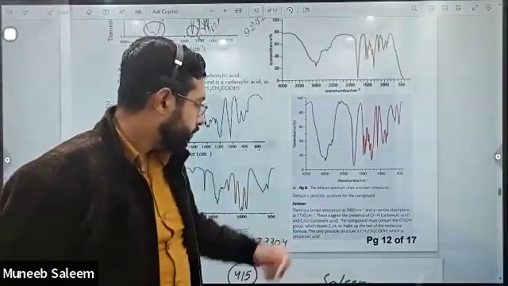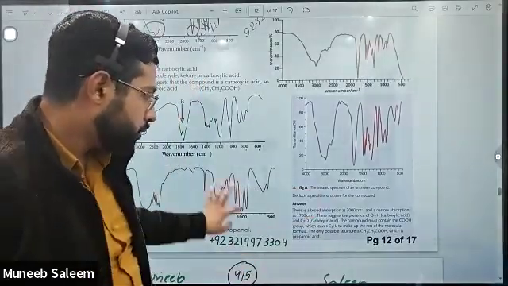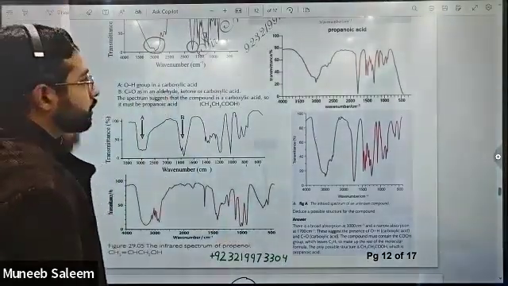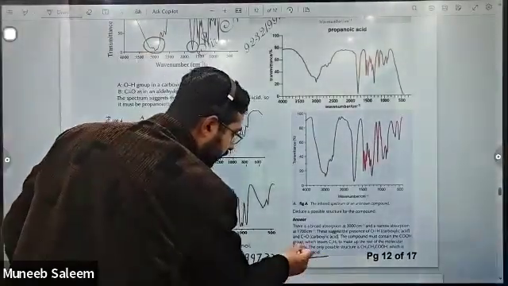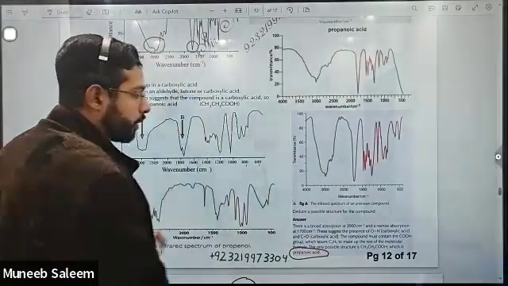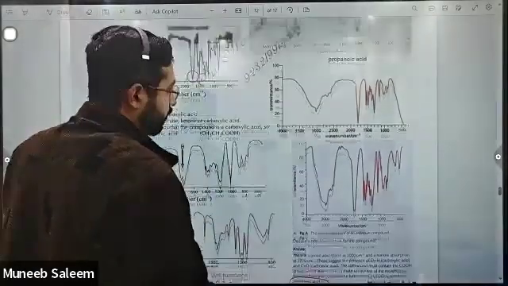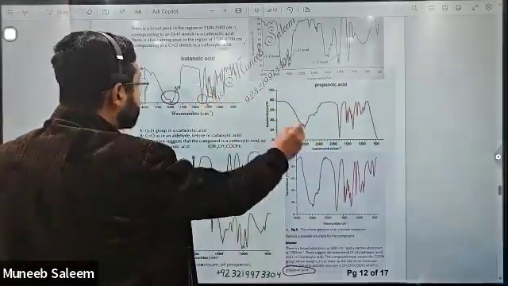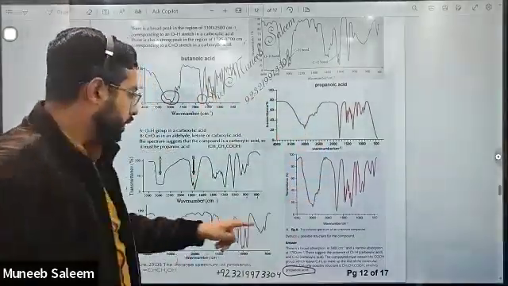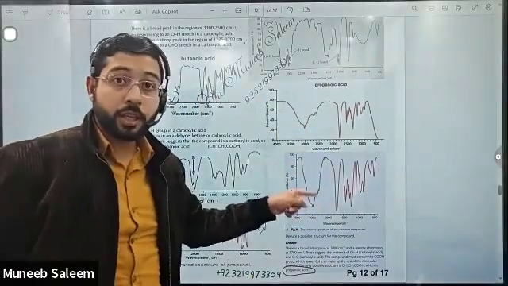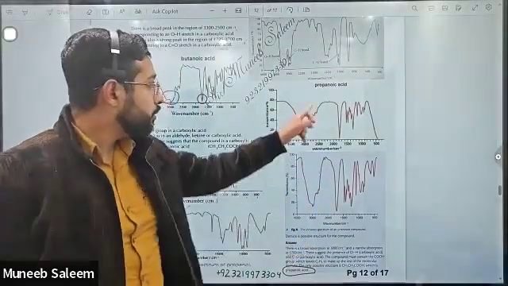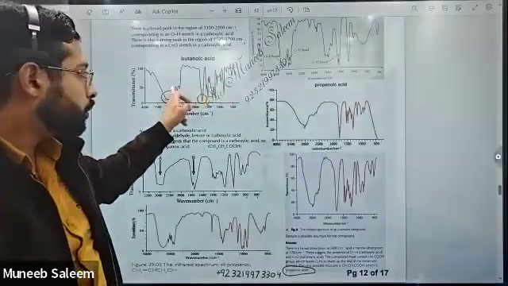And this compound belongs to the carboxylic acid, propanoic acid. This is also propanoic acid, again taken from another source book. Now these three peaks, 1, 2, and 3, all basically indicate the carboxylic acid. This one is propanoic acid, this one is propanoic acid, and this one is butanoic acid.